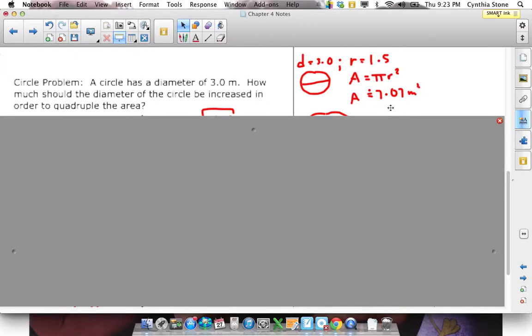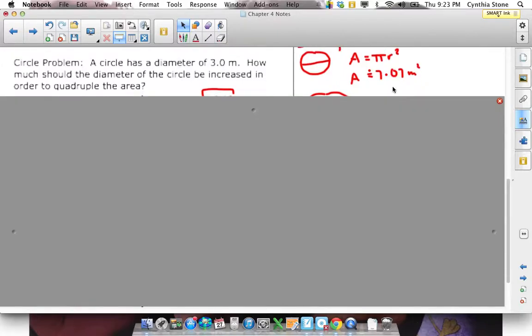If you use the diameter of 3, that means the radius is 1.5, and you substitute into pi r squared. My area right now is 7. If I want to quadruple my area, quadruple means 4 times, so I'm going to multiply my area by 4 and go backwards and solve for r.